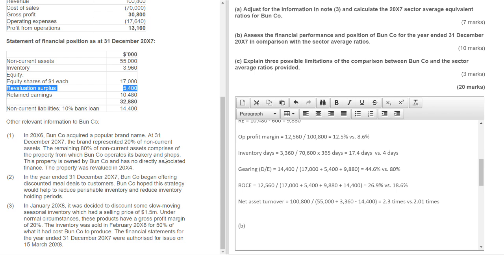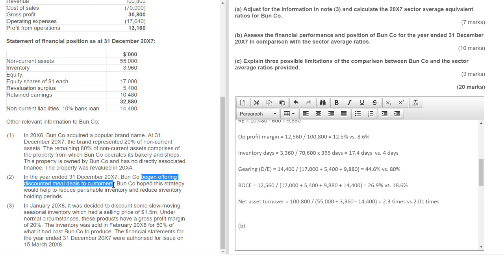In part 1, it tells us about the fact that we have revalued the properties. It also tells us that the vast majority of our non-current assets, 80% of them, are related to those tangible items of property, and then the other 20% relates to a brand. Okay, and then it tells us about our strategy in the current period, in that we began offering discounted meals to customers.